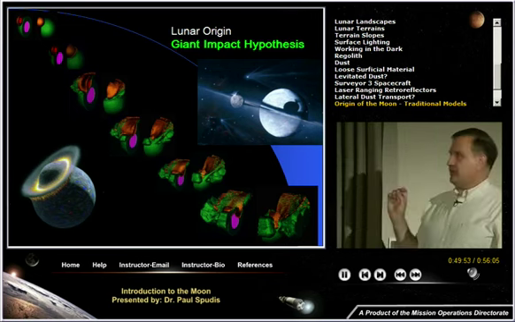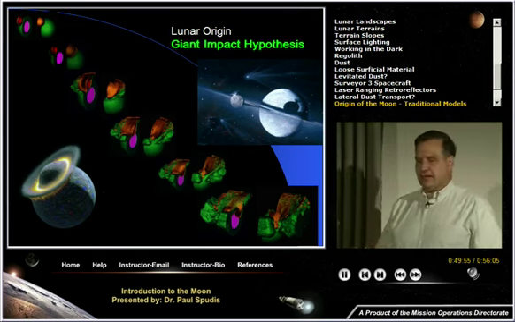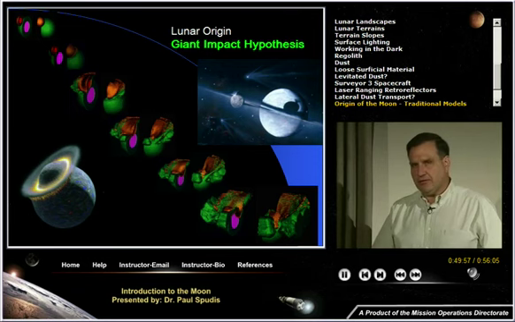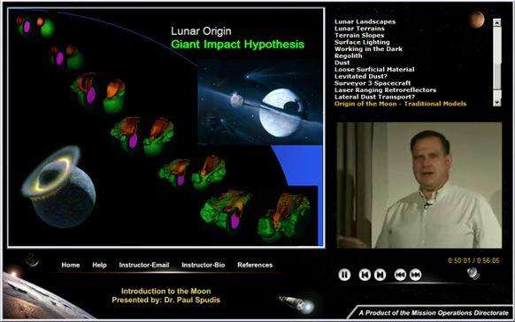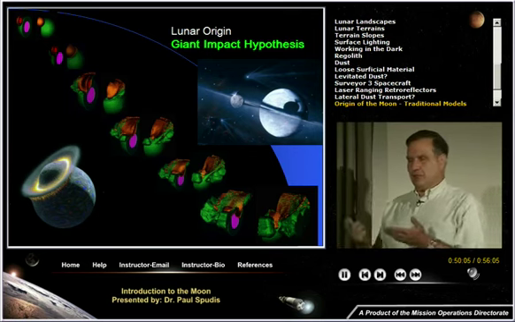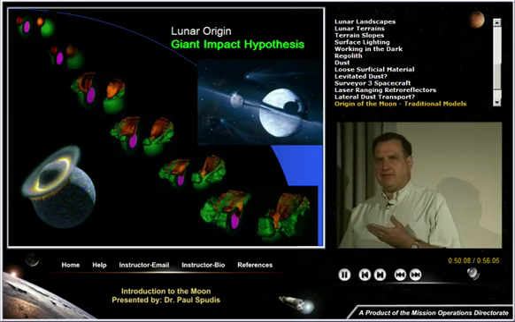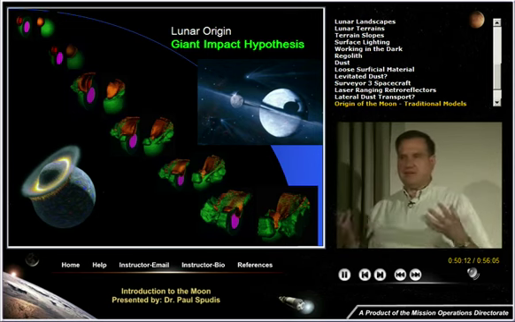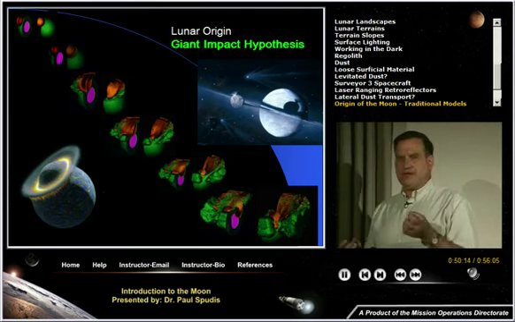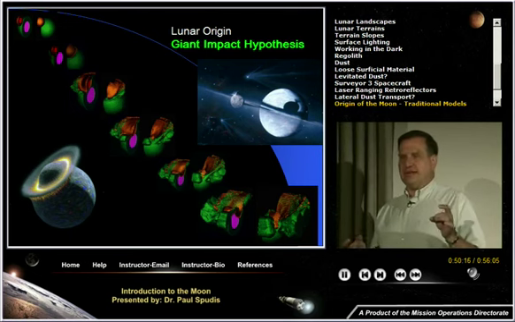The interesting thing about this model is it simultaneously explains known facts about the chemistry of the moon in broad terms, and it explains the very strange dynamical properties of the Earth-Moon system. First of all, the Earth and Moon have a very high mass ratio. The Moon's about 1% of the Earth mass. If you look at the Galilean satellites of Jupiter, those satellites are a minuscule fraction of the mass of Jupiter.